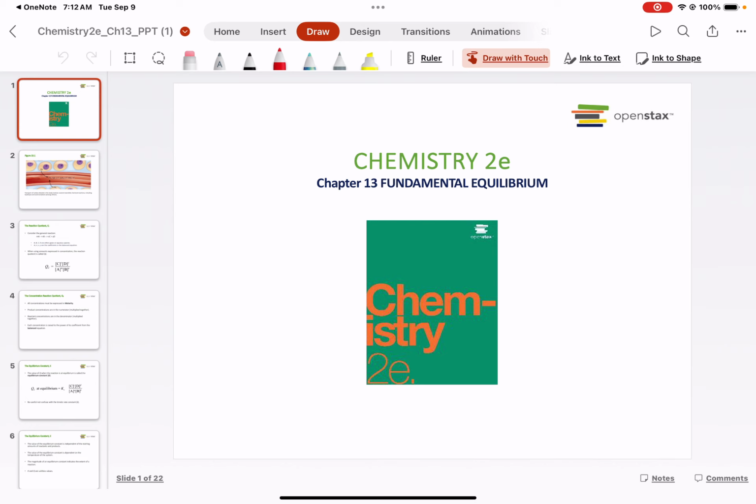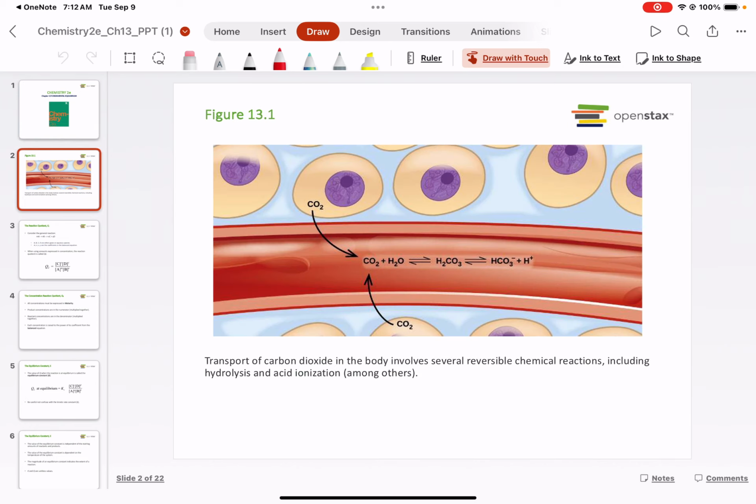All right? Equilibrium is reactions that can go both ways. Just to make it simple, it is a reaction that's reversible, that's what I mean.